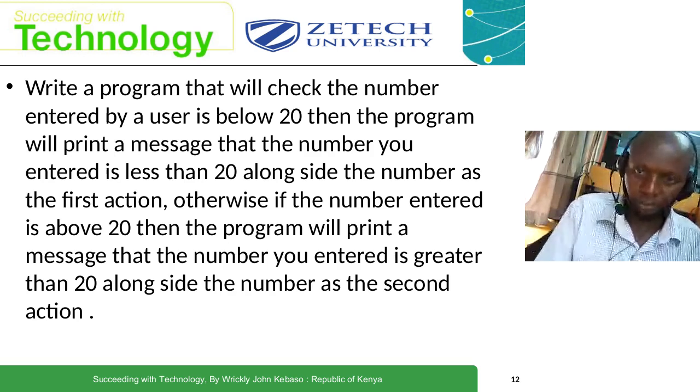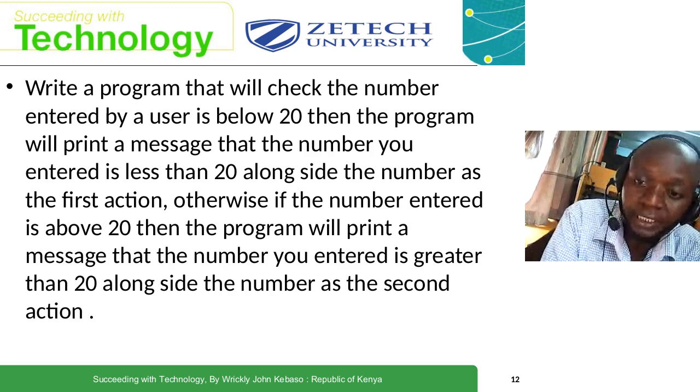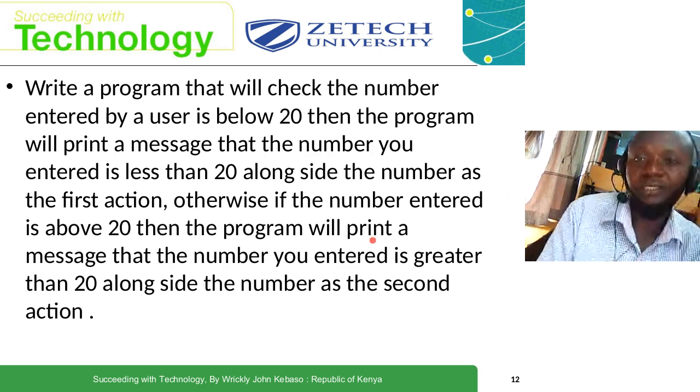If it's below 20, then the program brings a message, the number you entered is less than 20, alongside the number as the first action. Otherwise, if the number entered is above 20, then the program will print the message that the number you entered is actually greater than 20, alongside the number as the second action. The first action will go to the if side, and the second action will go to the else side.